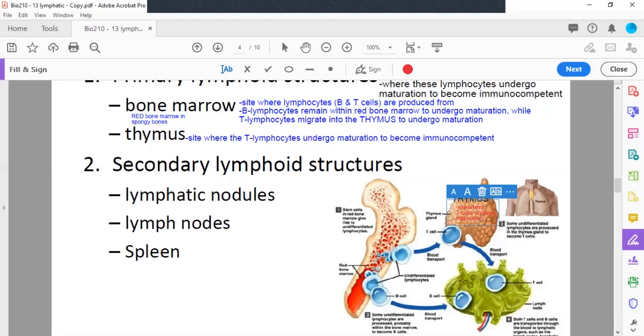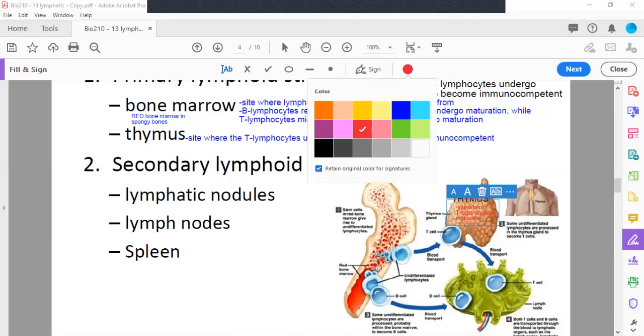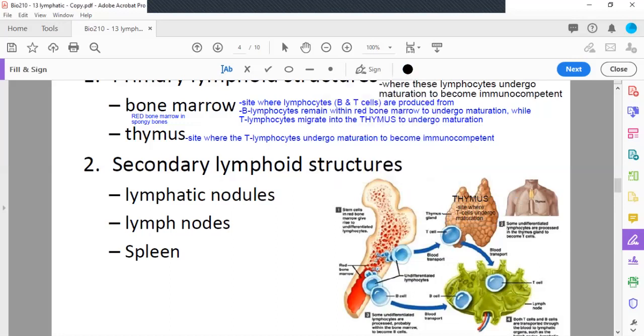And actually red does not fit well. Let's use black. Okay, I think that works pretty well. So we're done with that.